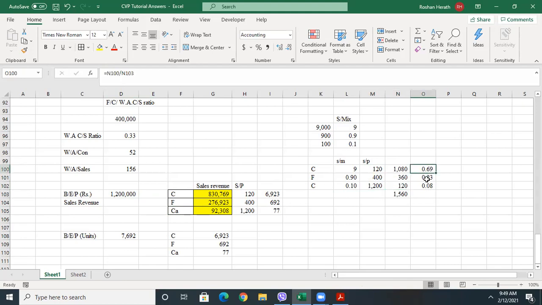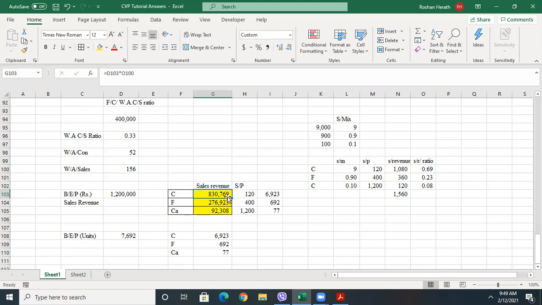And there we took the ratio between the sales revenue, and this is the sales revenue ratio that we took, and we applied it, and we got the sales revenue.